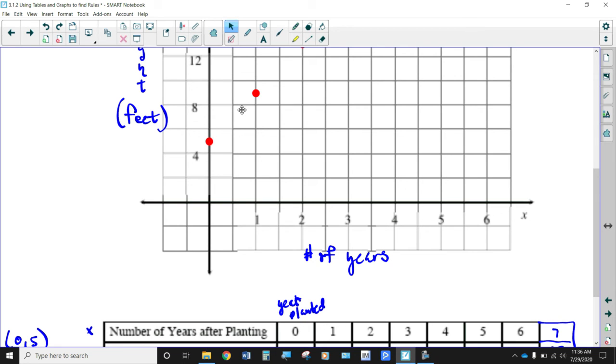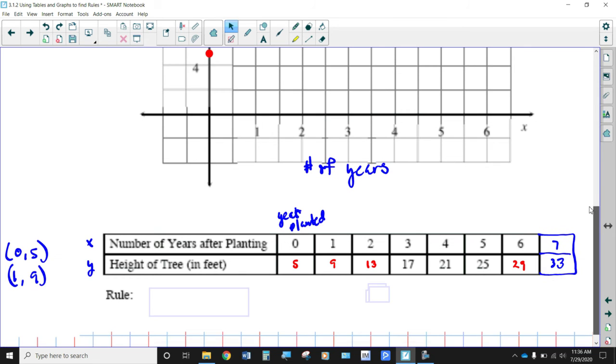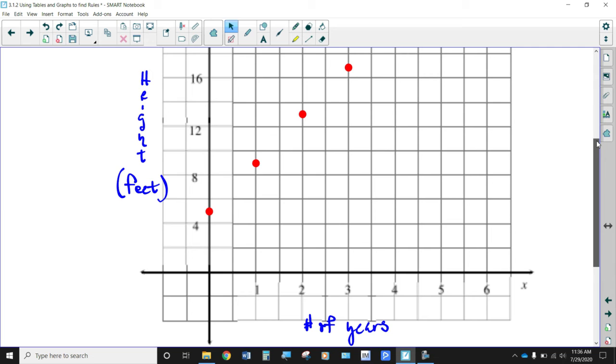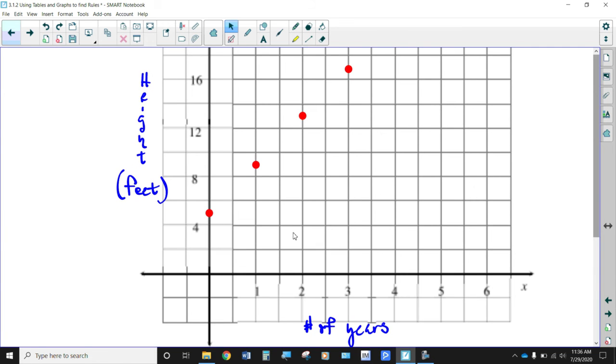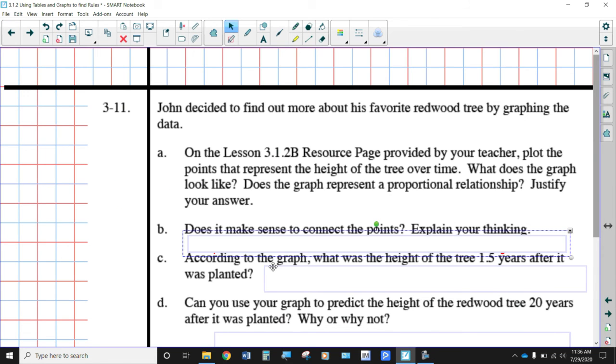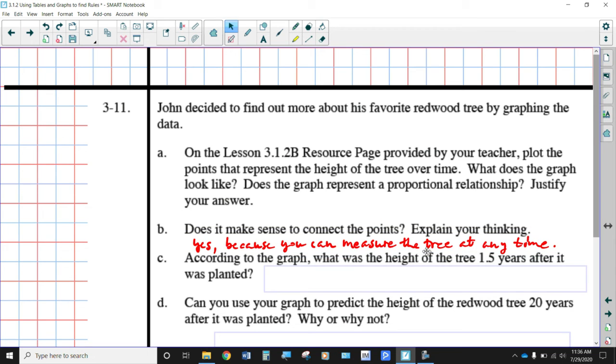So doesn't it seem like we should have a line there, since on any one of these dates we could measure the tree and it should fall on that line? This would be an example of a discrete graph, but I think we need a continuous graph. It does make sense to connect the points because you can measure the tree at any time.